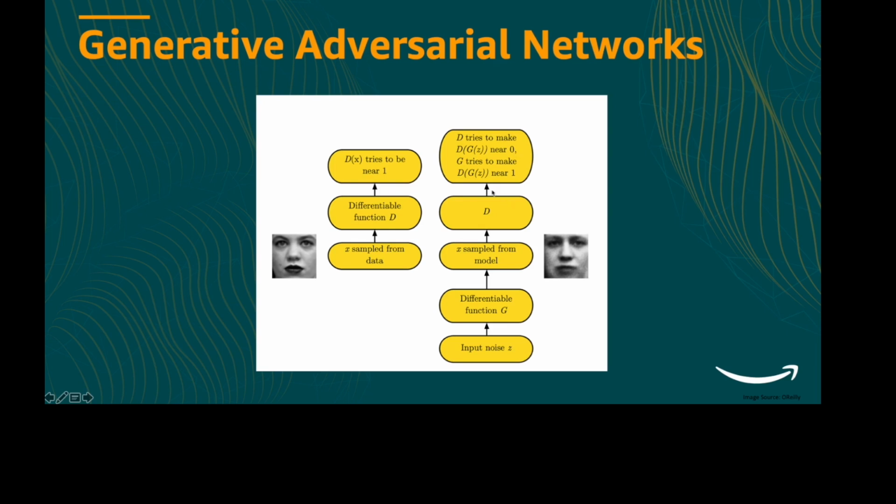The generator's objective is to generate an image in such a way that the discriminator output is very close to 1. So a good generator would try to generate G(z) in such a way that D(G(z)) is near 1.